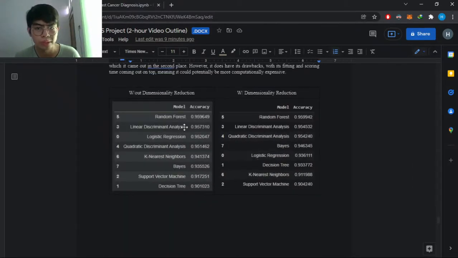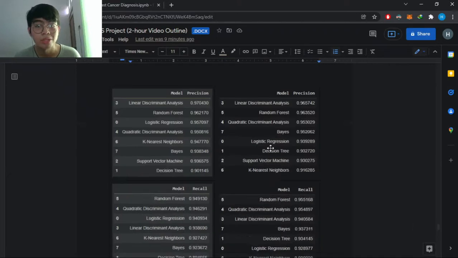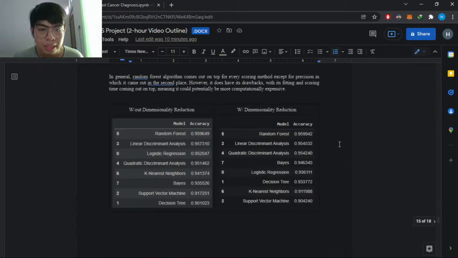Okay, so for this one, the scores are actually quite similar. See, just a bit of difference there, right? And still random forest and LDA come out on top for accuracy. For precision, LDA comes out on top and random forest comes second, with only slight differences, the one without dimensionality reduction having a higher score, right?